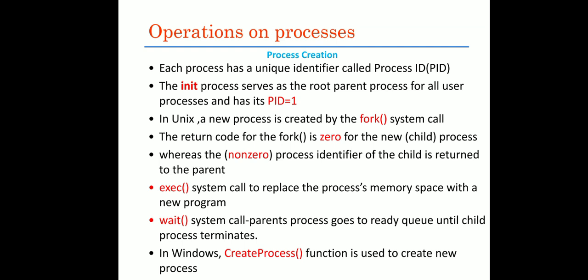As I said in previous classes, we have two types of processes. First one is the user process, second one is the kernel process or system process. Here the system can have user processes as well as kernel processes. This init process is a kernel process.